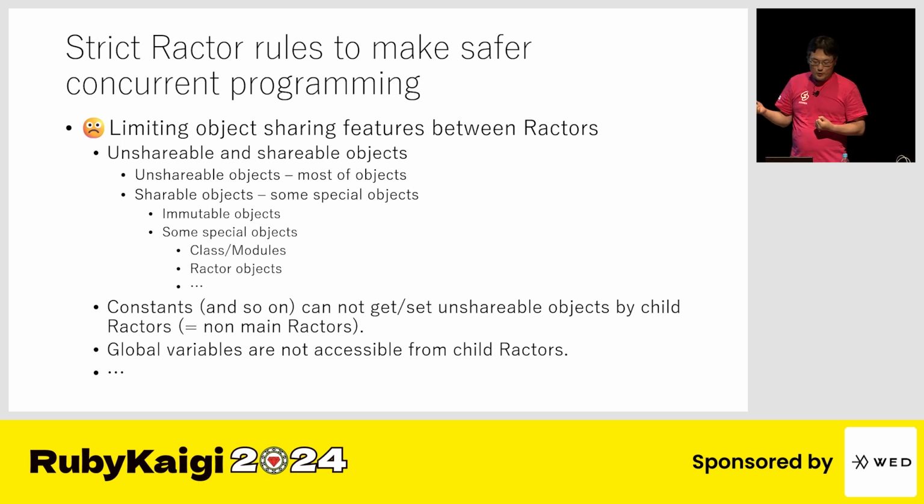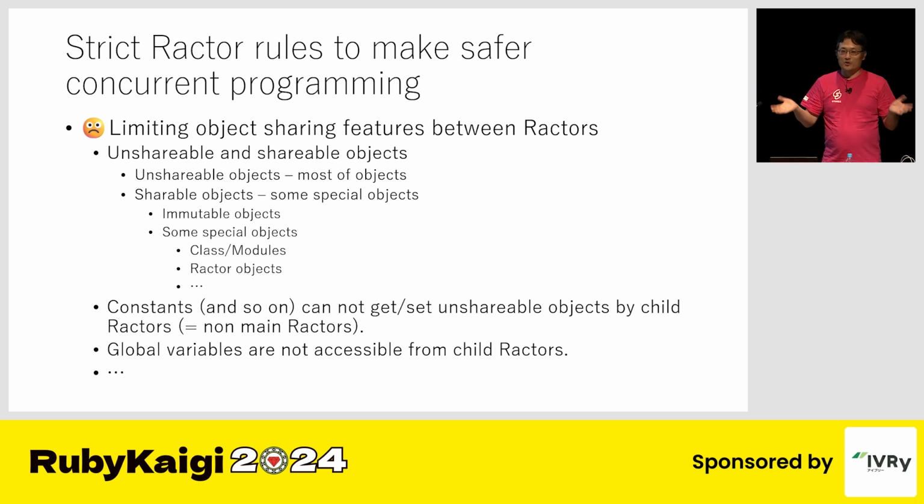This is a simple rule, but to keep it, we need to introduce many strict rules. For example, we can't define constants containing unshareable objects. For example, C = "string" is a very common Ruby program, but a string object is not a shareable object.